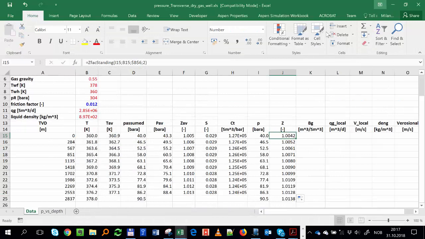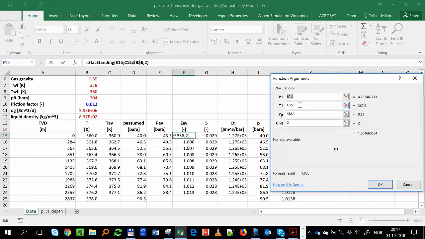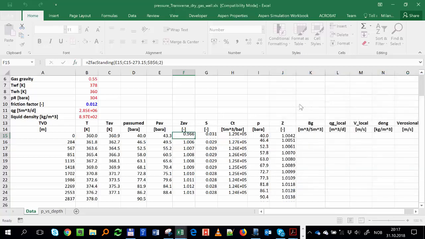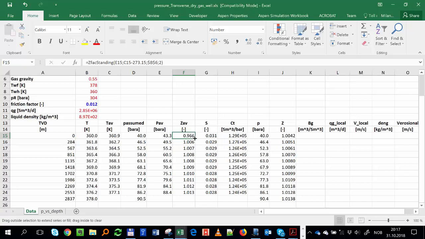Where did we use it here? We should actually use T in Celsius, which is that temperature minus 273.15, because the input of that function has to be in Celsius. And now it changed.